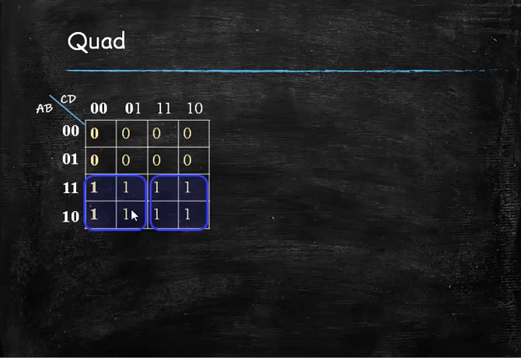Then the expression must be Y is equal to A C bar or AC. But we can reduce it as A into C bar or C, that is equal to A. Using Boolean algebra, it is reduced to a single variable.